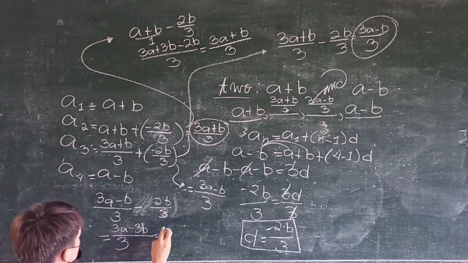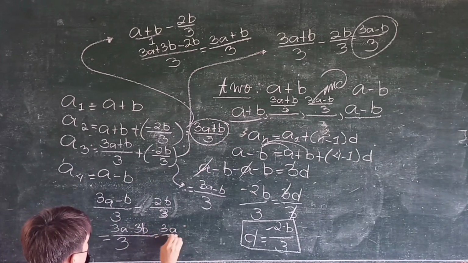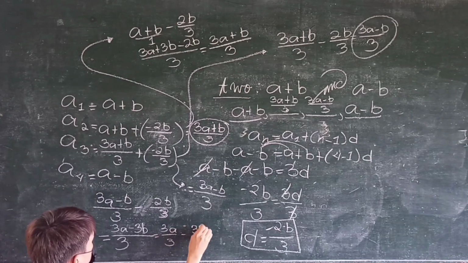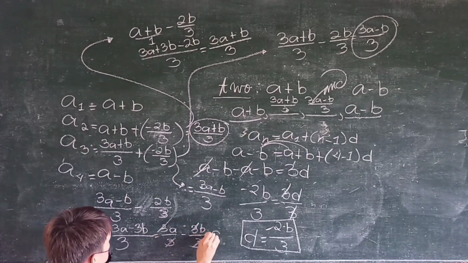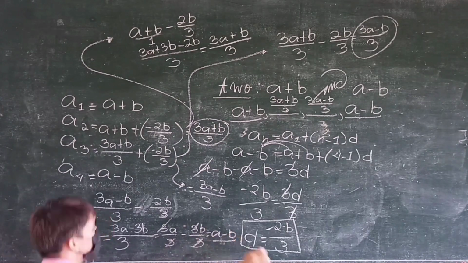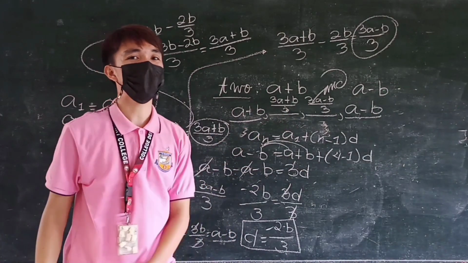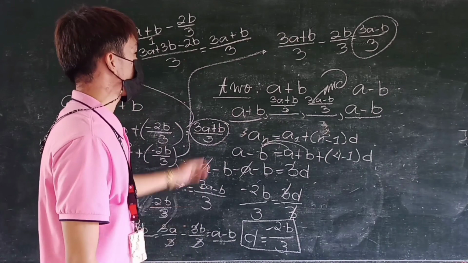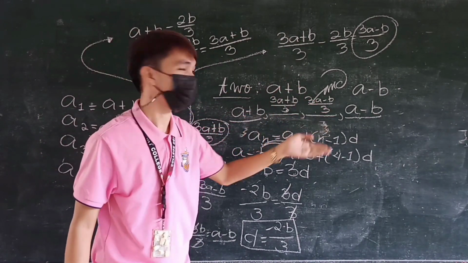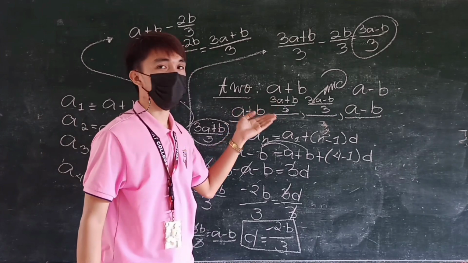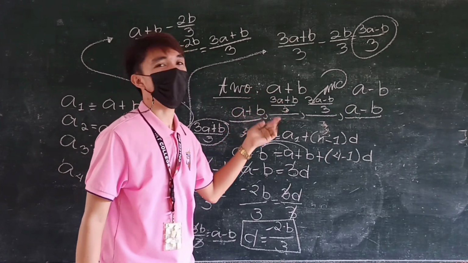We can cancel that, separate it so it can be canceled. Cancel. The answer is a minus b, so our arithmetic means are correct. So the two arithmetic means between a plus b and a minus b are 3a plus b over 3 and 3a minus b over 3.